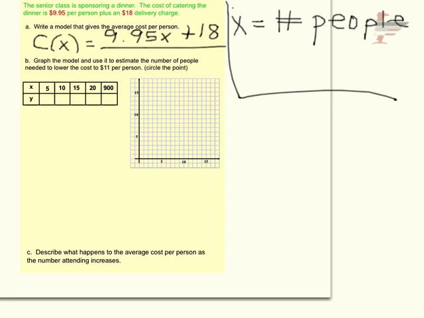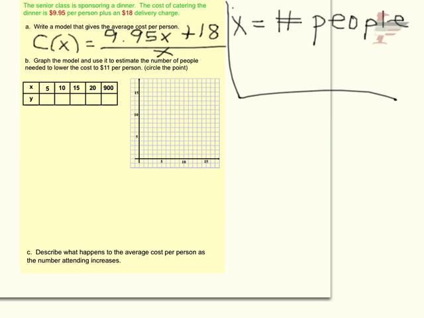And then it's an average, so I'm going to divide by x. So again, $9.95 per person plus $18 not per person, and then you divide the whole thing by x to get an average per person. So that would be part A.